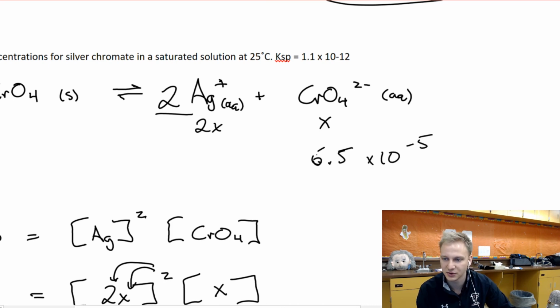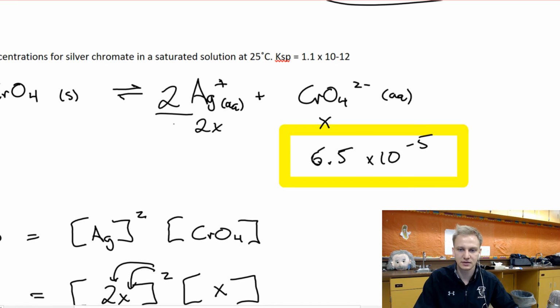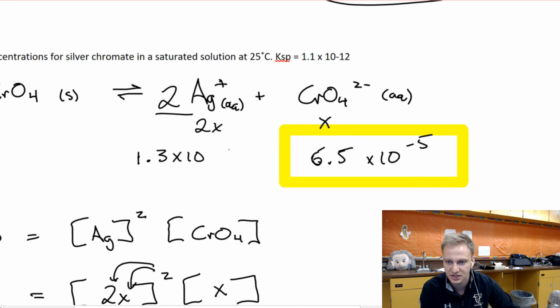But for the other one, the left answer there, we need to multiply 6.5 by 2. When we multiply that by 2, we get 0.00013, or 1.3 times 10 to the minus 4 molarity as our final solution.